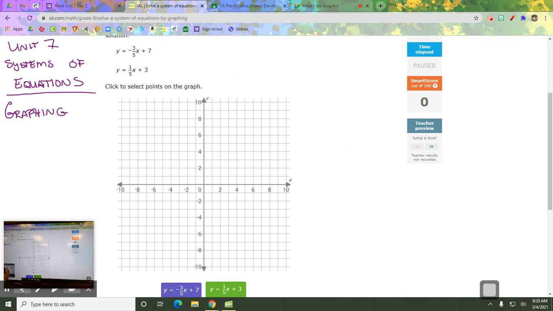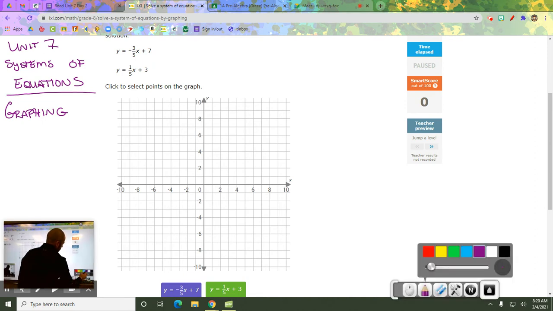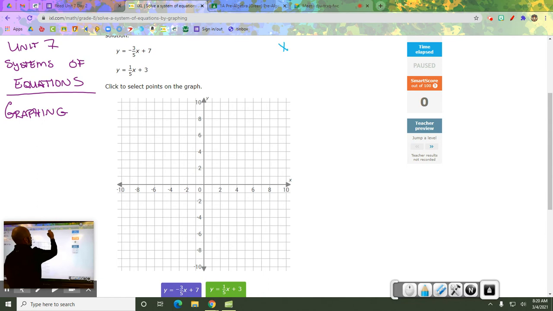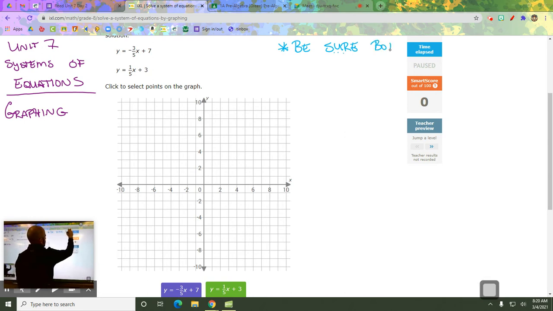They don't have to be, because I told you guys you could use your Desmos calculator. But to ensure this is easy on us, we want to be sure both equations are in slope-intercept form, which is y equals mx plus b.